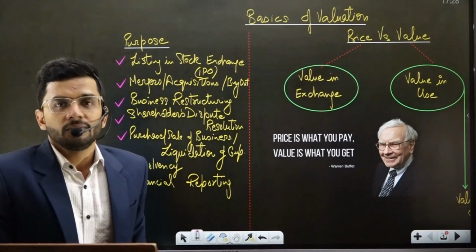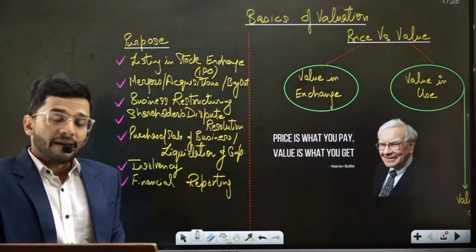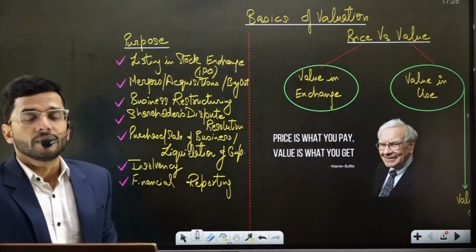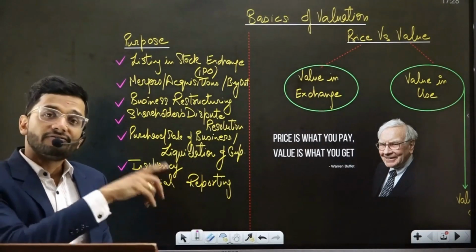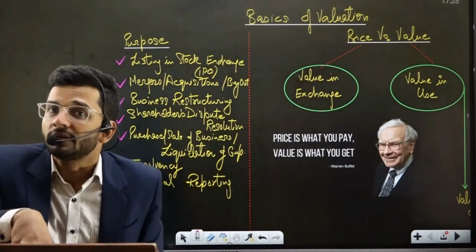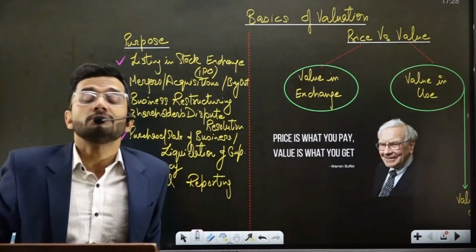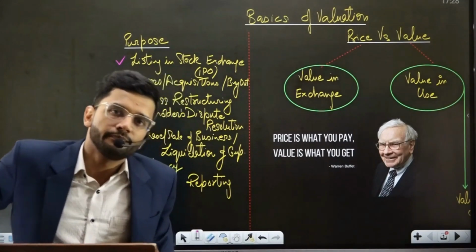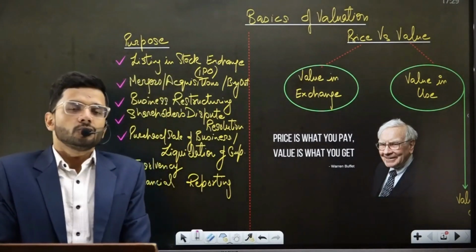Whatever price the buyer expects will be substantially different from what the seller is going to offer. Because of that differential, you pin down a value to that particular company, so that the pricing decision becomes easier for you. And that is where valuation comes into the picture.